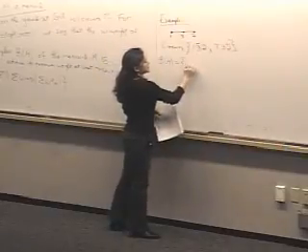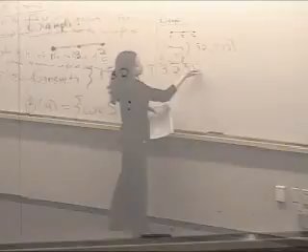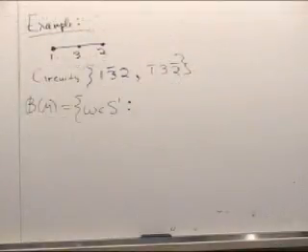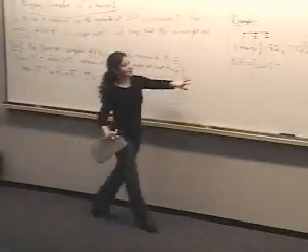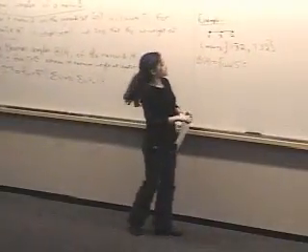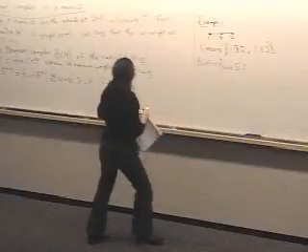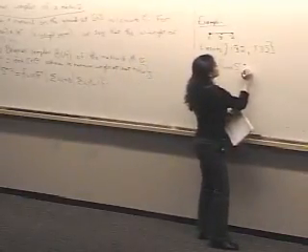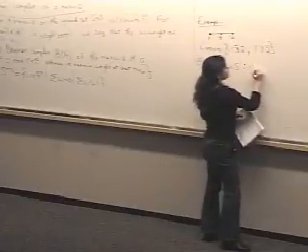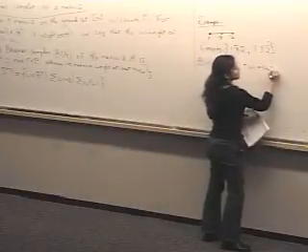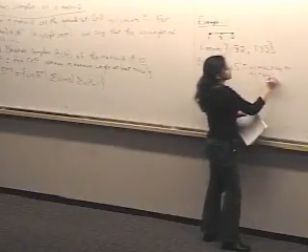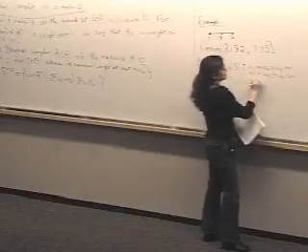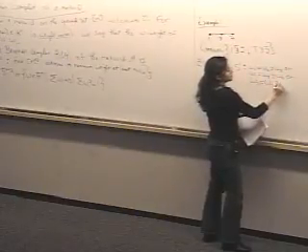So B of M is the set of 3-tuples in this lower dimensional sphere such that, if we look at this definition, we want every circuit to achieve its maximum weight at least twice. And here the circuits contain all 3 elements. So this will be the set of 3-tuples such that, say, omega 1 equals omega 2 is greater than or equal to omega 3, or omega 1 equals omega 3 is greater than or equal to omega 2, or omega 2 equals omega 3 is greater than or equal to omega 1.